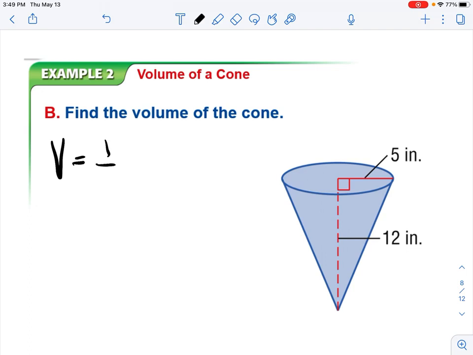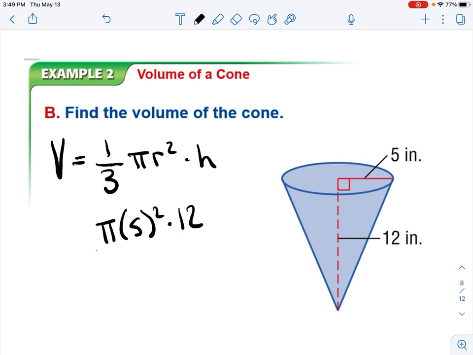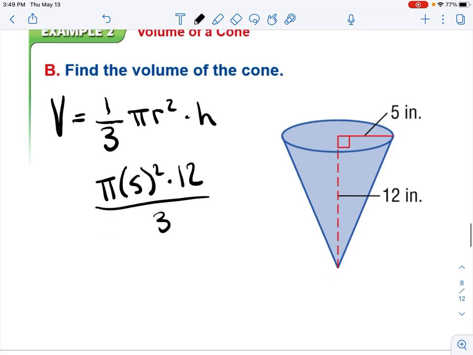So volume, once again, is 1/3 times the area of the base times the height. I'm going to go ahead and do pi r squared times the height divided by 3. Oh, I'm sorry, it's not a 60. That's a 25. Pi times 12 divided by 3.